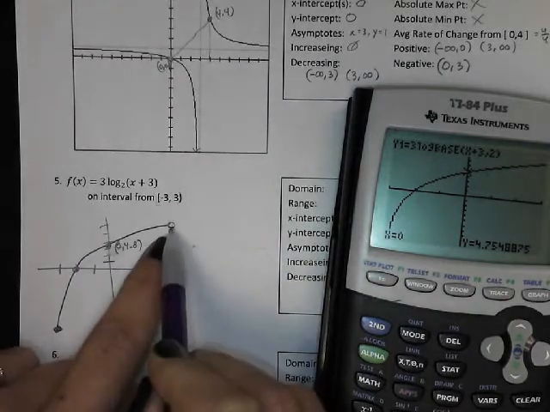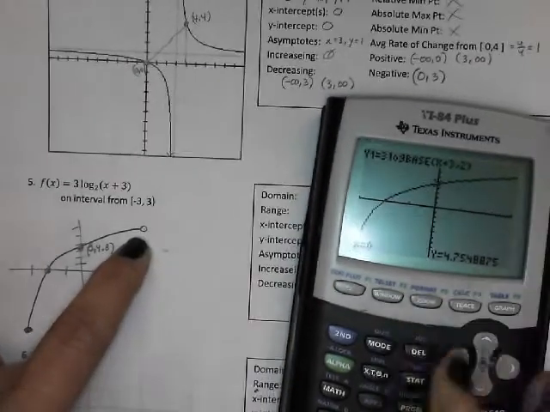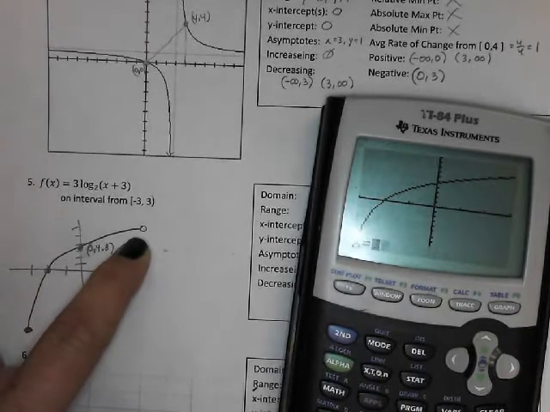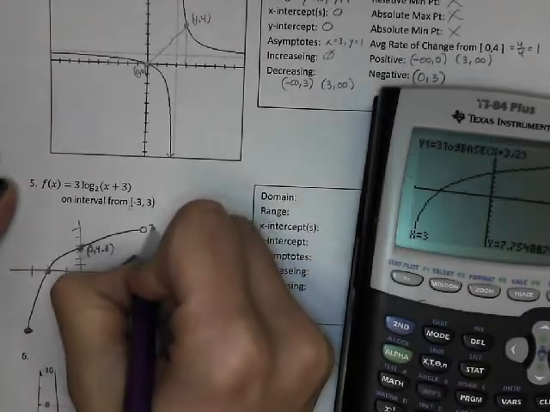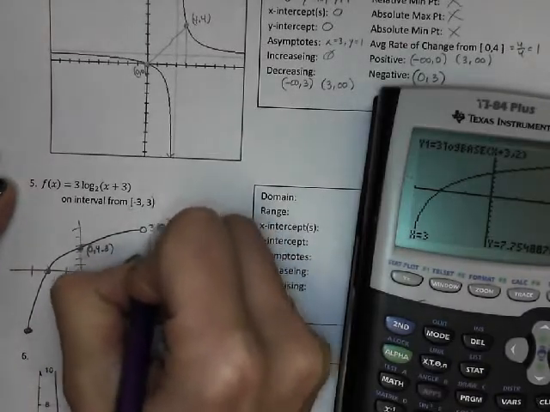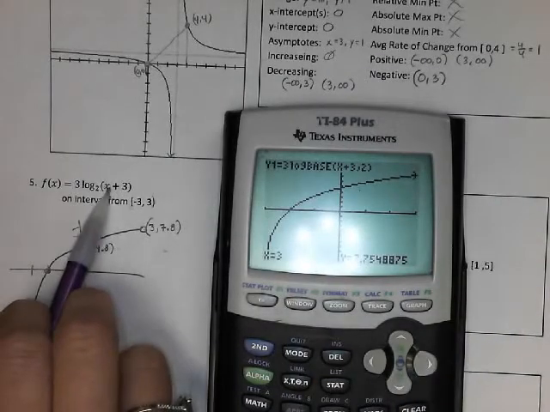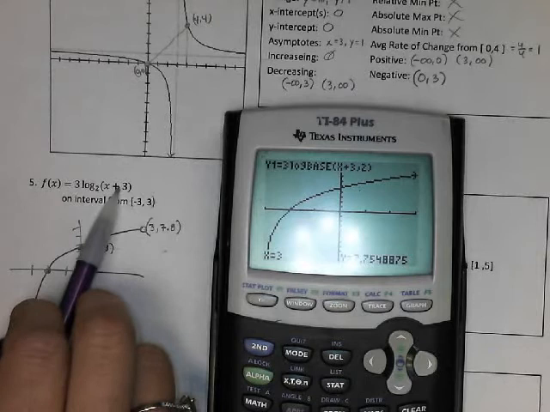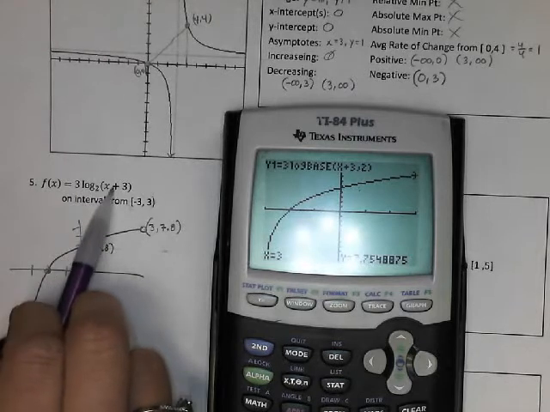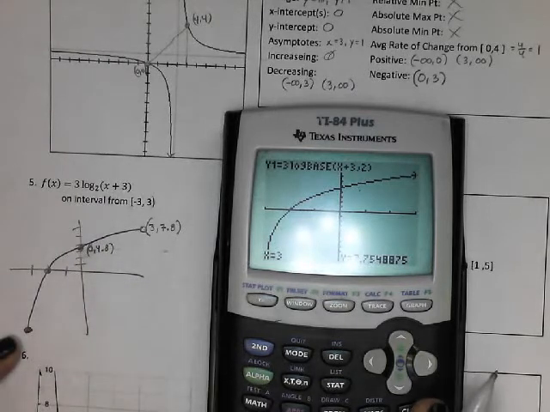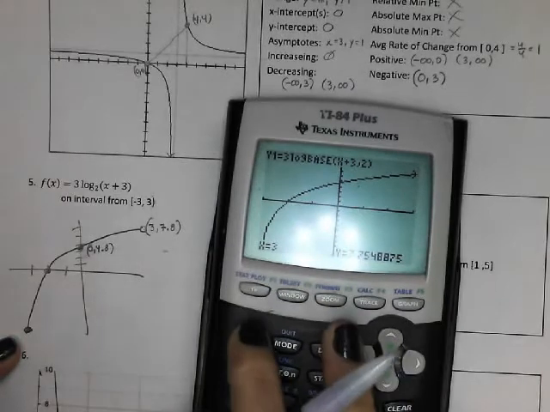I want to see where that is. So second trace, value 3, comma 7.8. We'll do everything to the nearest tenth. And negative 3, well, that I can do in my head. Negative 3 plus 3 is 0. Log base 2 of 0 you can't do. Interesting.